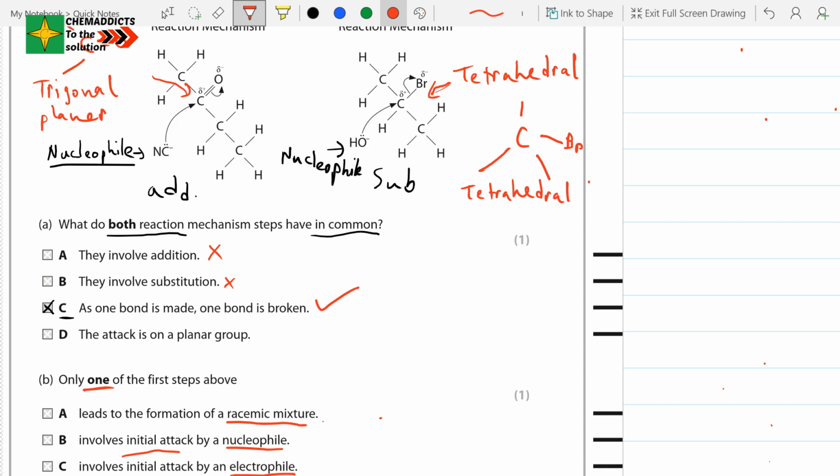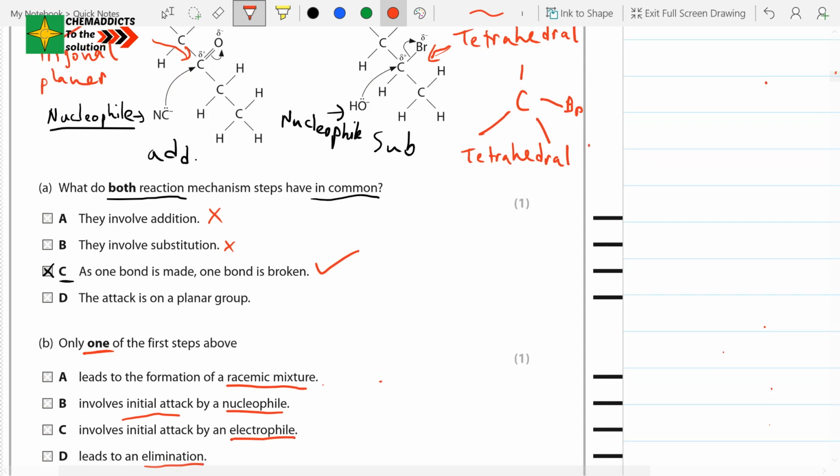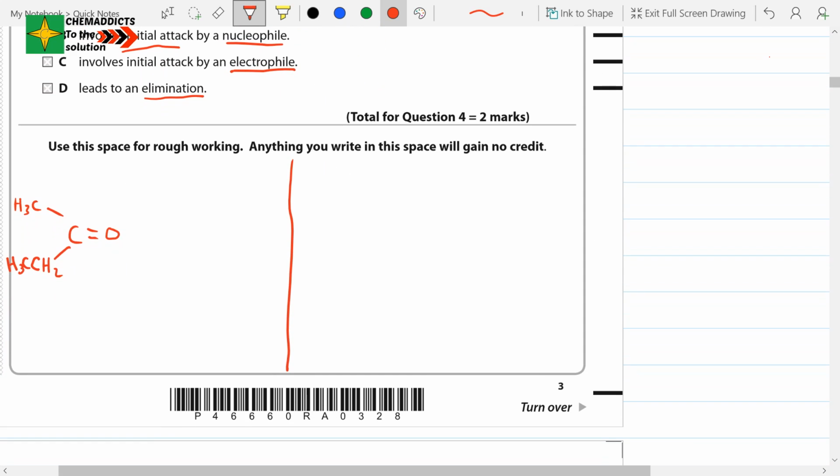Now let us redraw the structure of this molecule, concentrating on this particular delta plus carbon atom. If we draw it, it will look something like this. This is the delta plus carbon atom that is being attacked by the nucleophile.